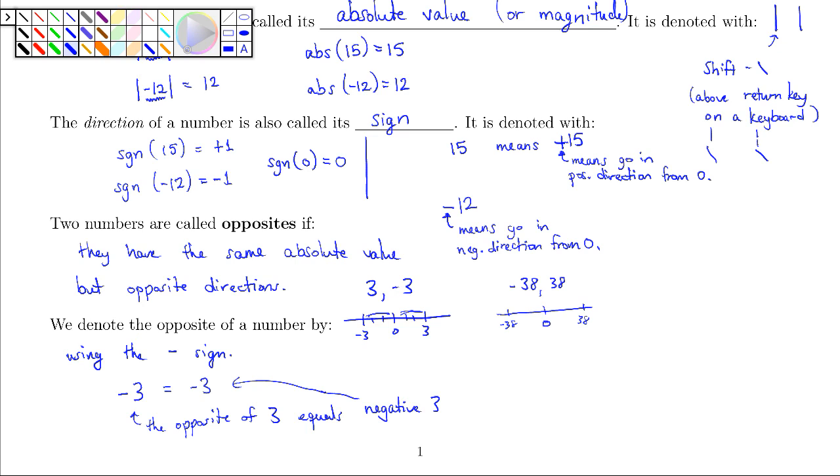So I'm using the same symbol in both cases, but I'm reading it as the opposite of 3 equals negative 3. Okay? And similarly, the opposite of negative 3, what is the opposite of negative 3? The opposite of negative 3 is 3.